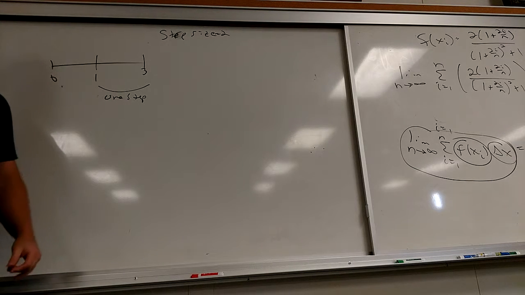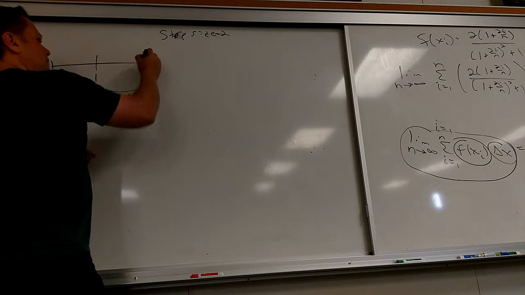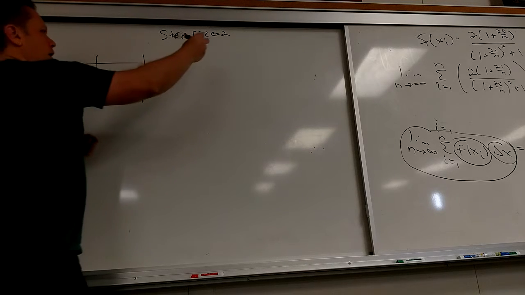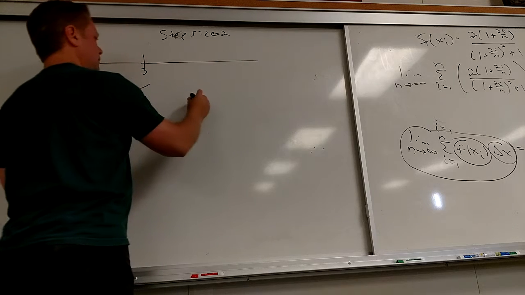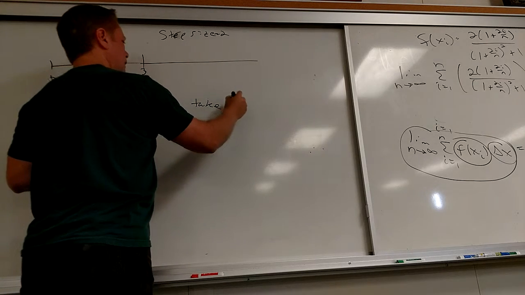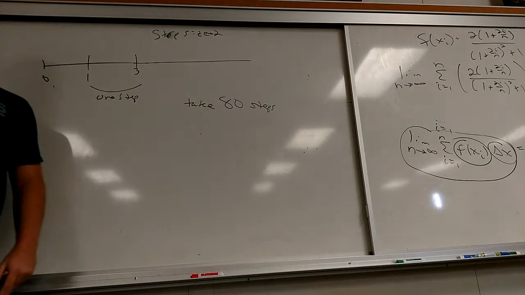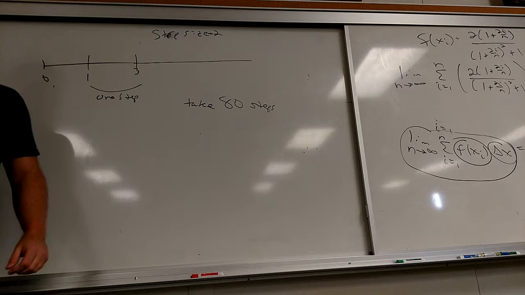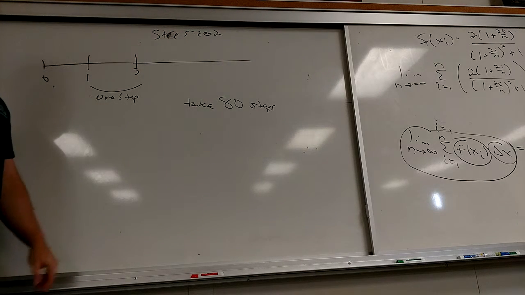How many steps? Well, let me say this. If I took 80 steps, where would I end up? If I took 80 steps along this thing, is this infinitely long?